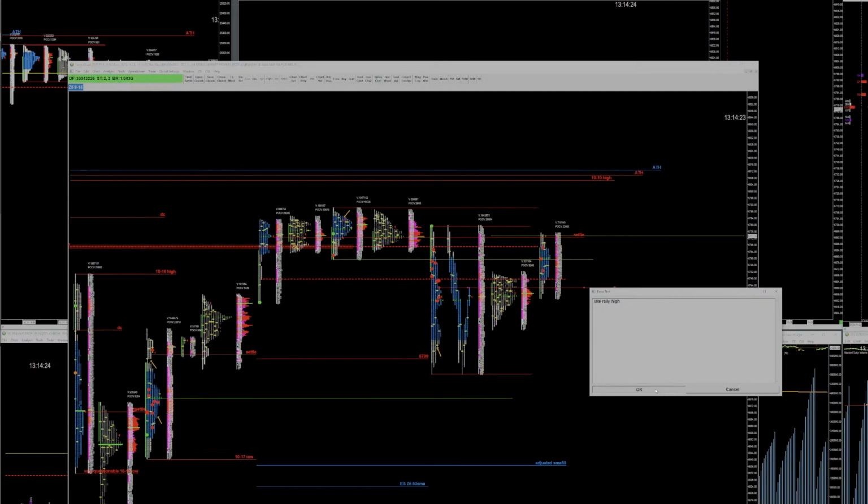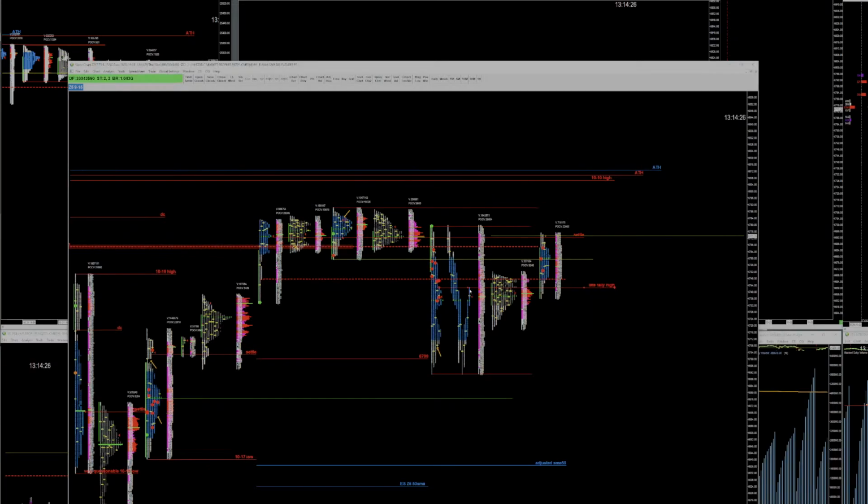Traders were selling rallies yesterday, and this is the late rally high. If there is some downside continuation here, this high will be rejected, and the market will actually start building value below this. What is happening now?